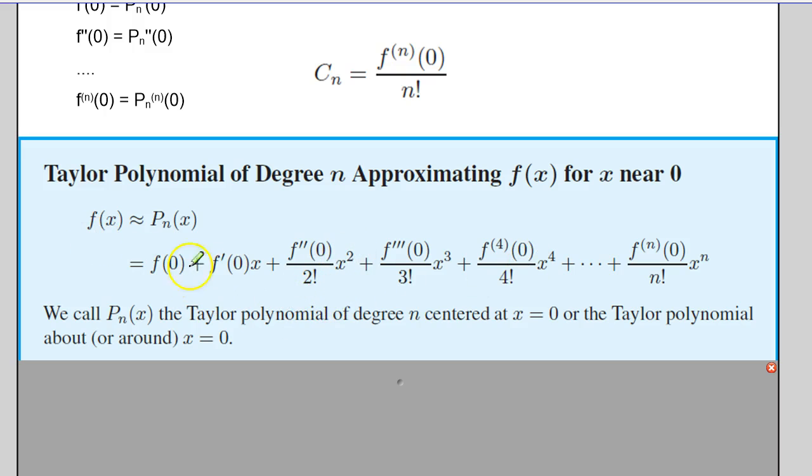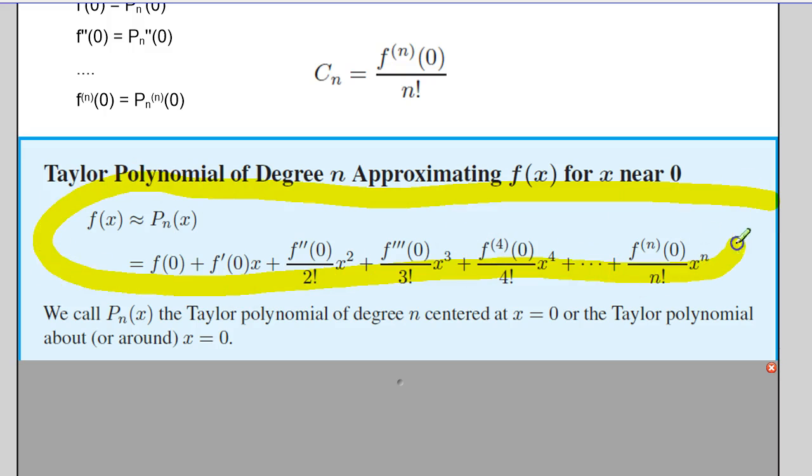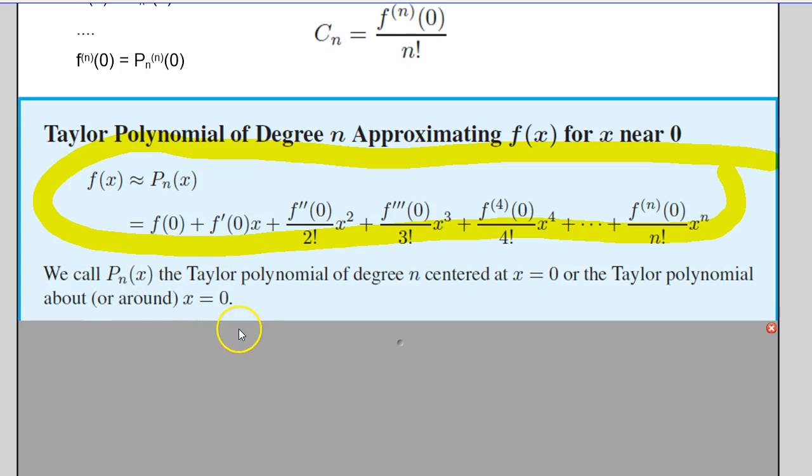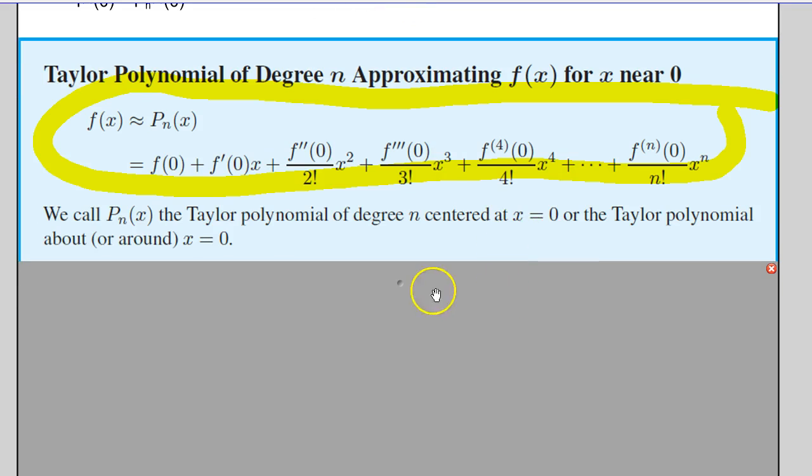Okay, so you should definitely memorize this because this right here is very important. And if you see the terminology p sub n of x, that represents the Taylor polynomial of degree n centered at x equals 0, or around x equals 0. So these x values have to be close to 0 if we're going to use this formula.